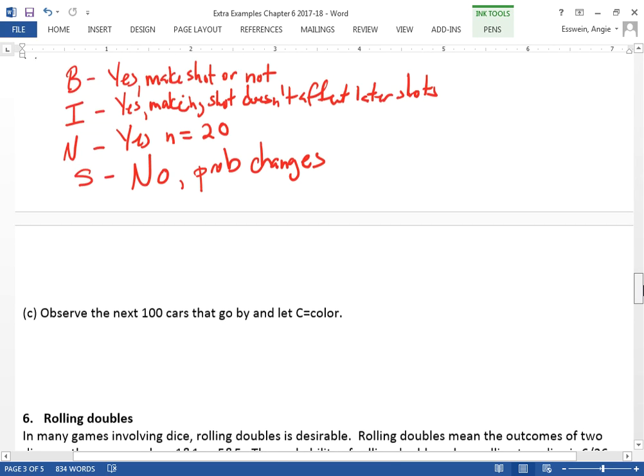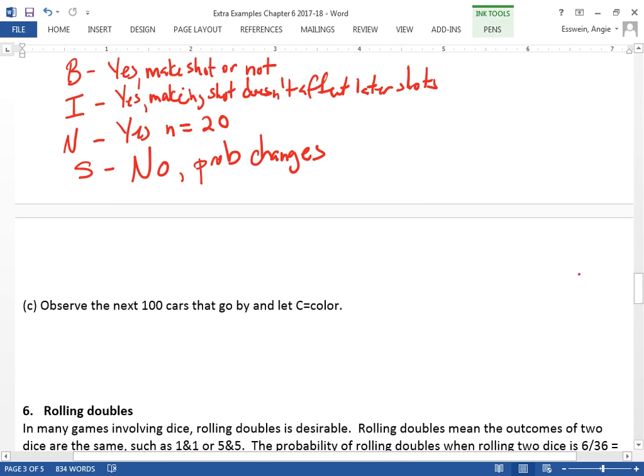And then the last one is observe the next 100 cars that go by and let C equal the color. I'm just going to tell you that is no, but why, what condition is violated? Everything. Binary, there's not either yes or no, it's a color.